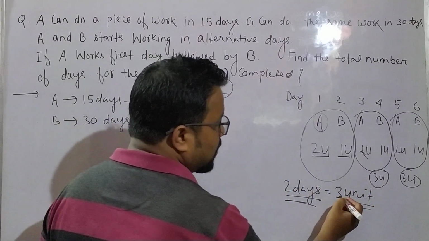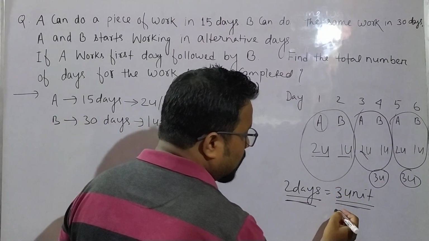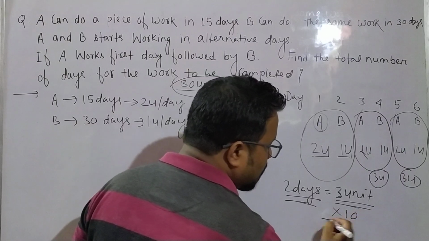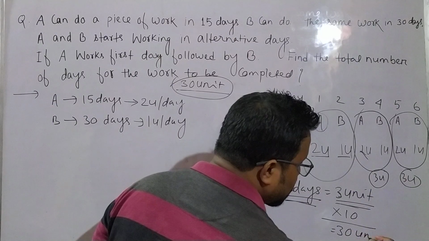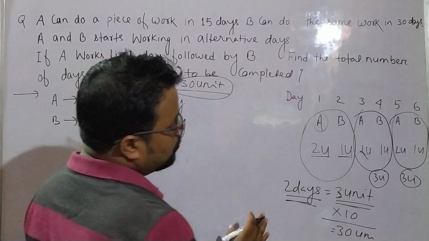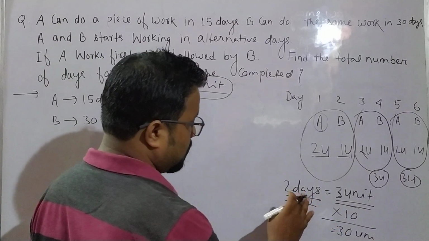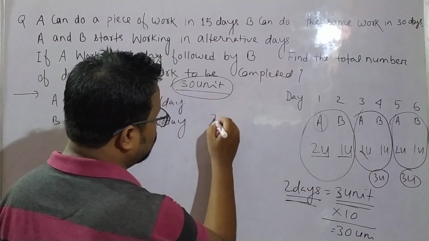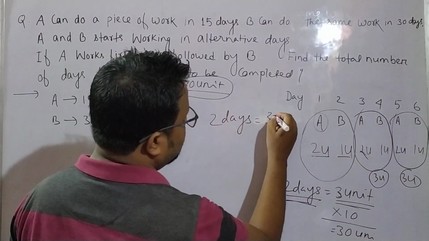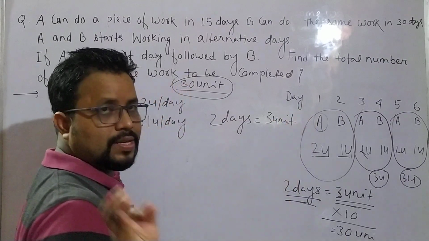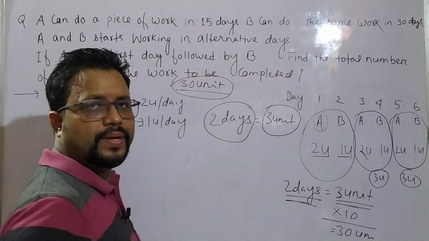So how much do we need? In order to get 30, what do I have to do? I have to multiply this 3 with 10. What am I getting? 30 units.